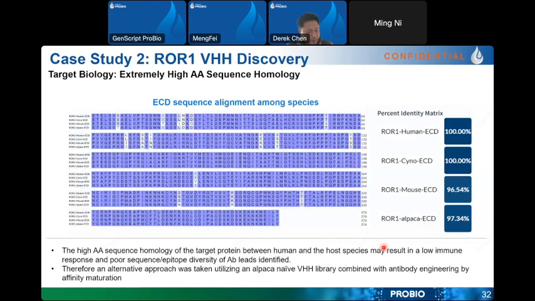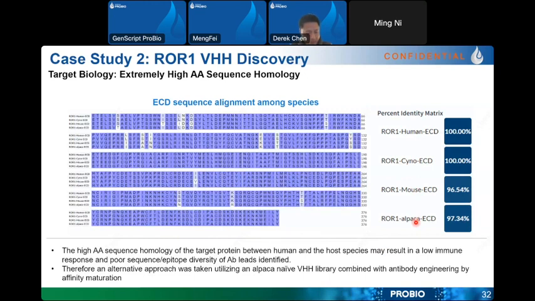The main challenge of this campaign is that RR1 shares extremely high homology among different species, including human, monkeys, rodents, and alpacas.